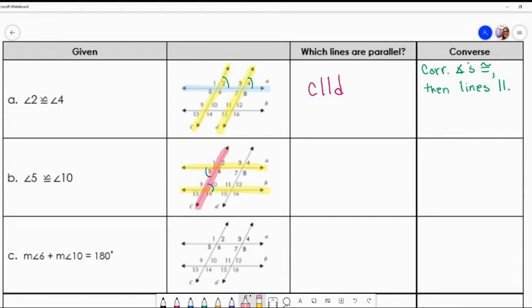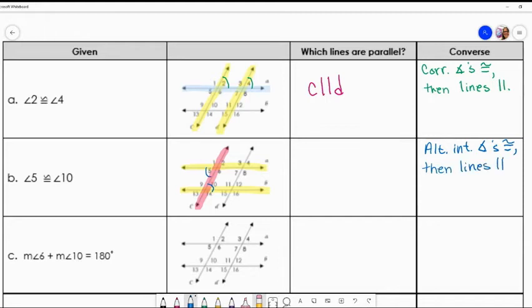Okay, so those are what type of angles? Those are alternate interior angles. And so if alternate interior angles are congruent, then the lines are parallel.